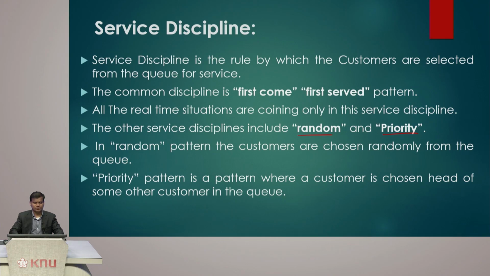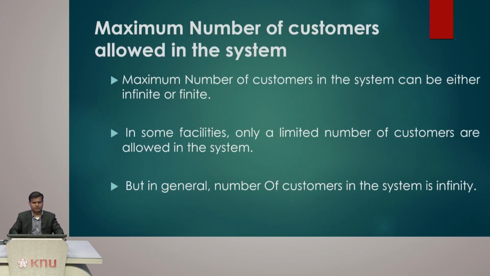Then, the maximum number of customers allowed in the system. The maximum number of customers in the system can be finite or infinite. In some facilities, a limited number of customers are allowed in the system.